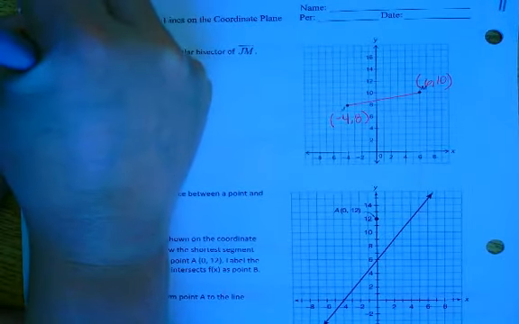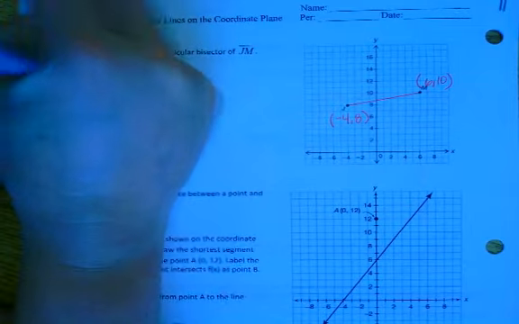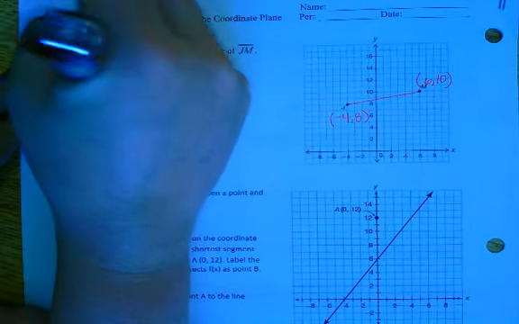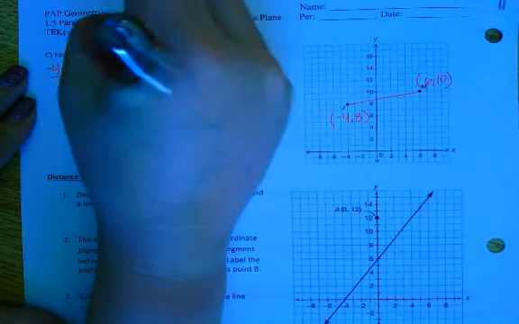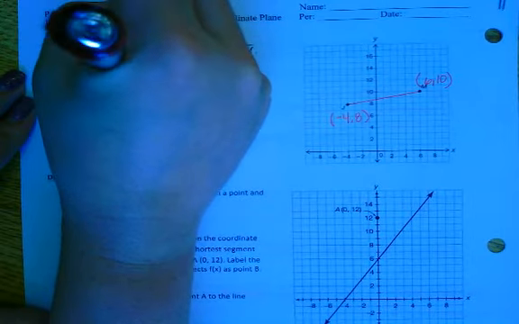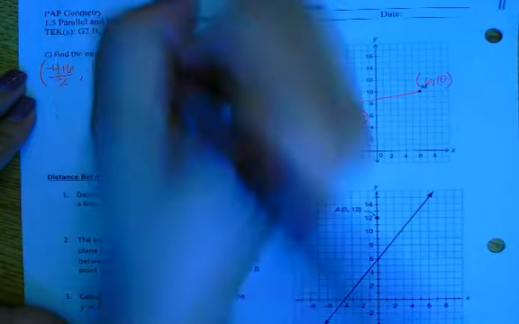So I have -4 plus 6 divided by 2, and that's 1. And then I have 10 plus 8 divided by 2, and that's 9. So my midpoint is (1, 9).